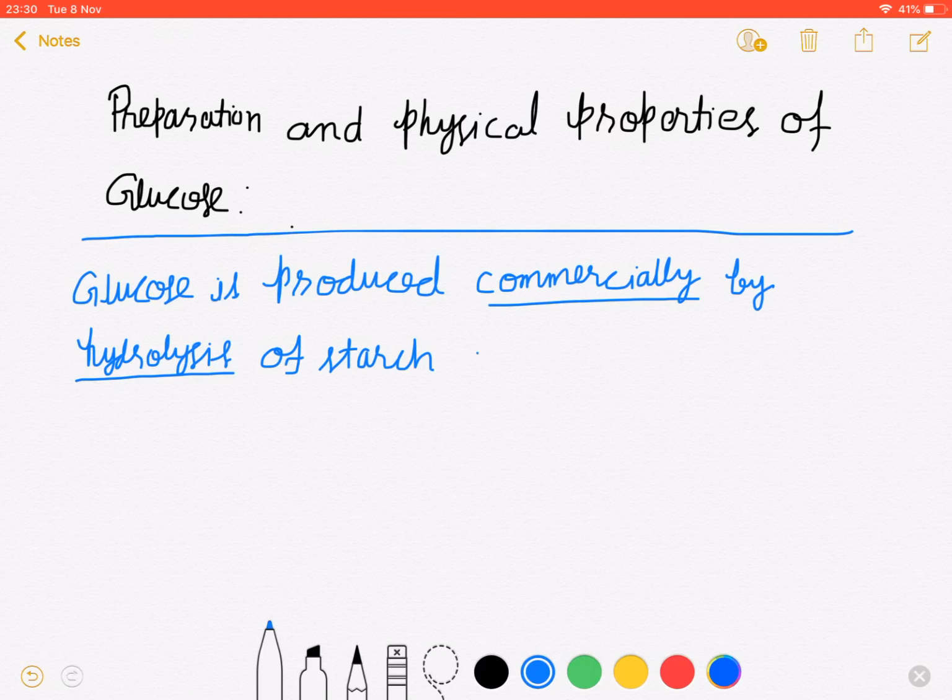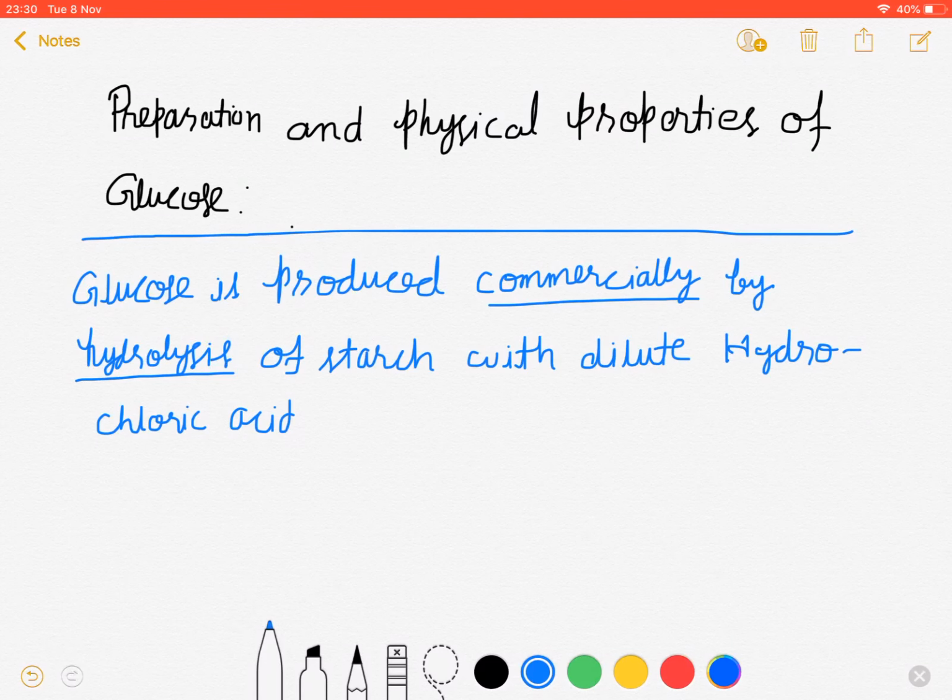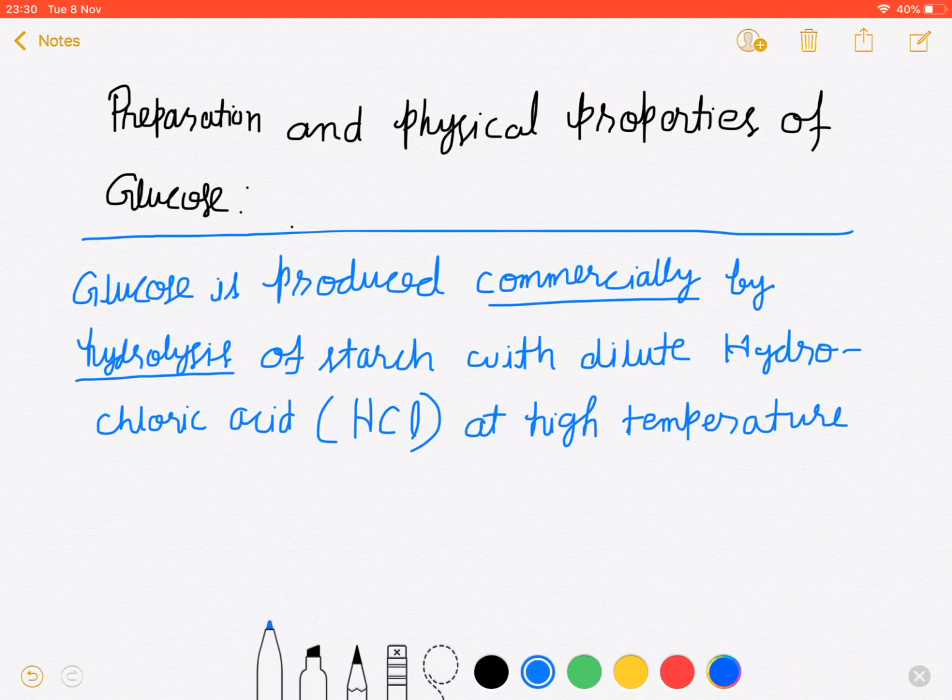With dilute hydrochloric acid, that is HCl, at high temperature under pressure.